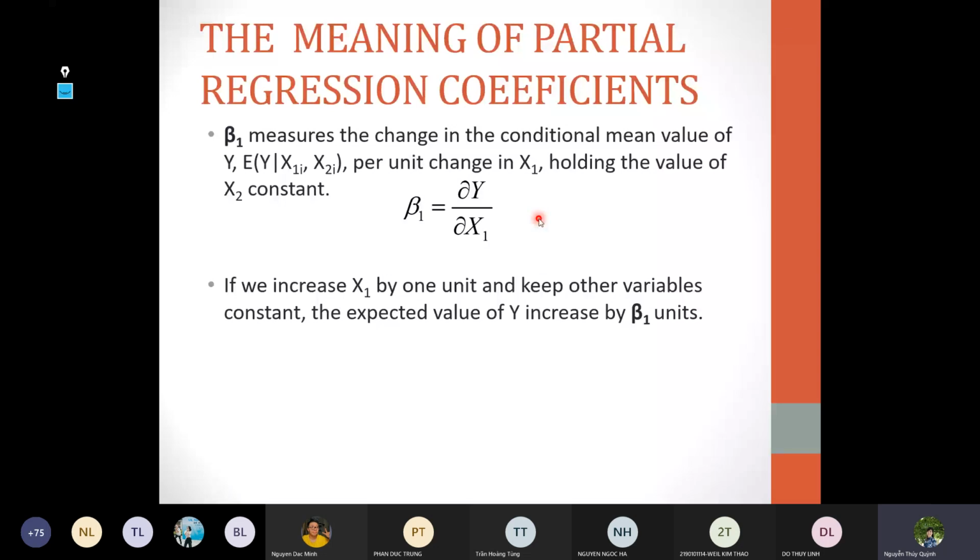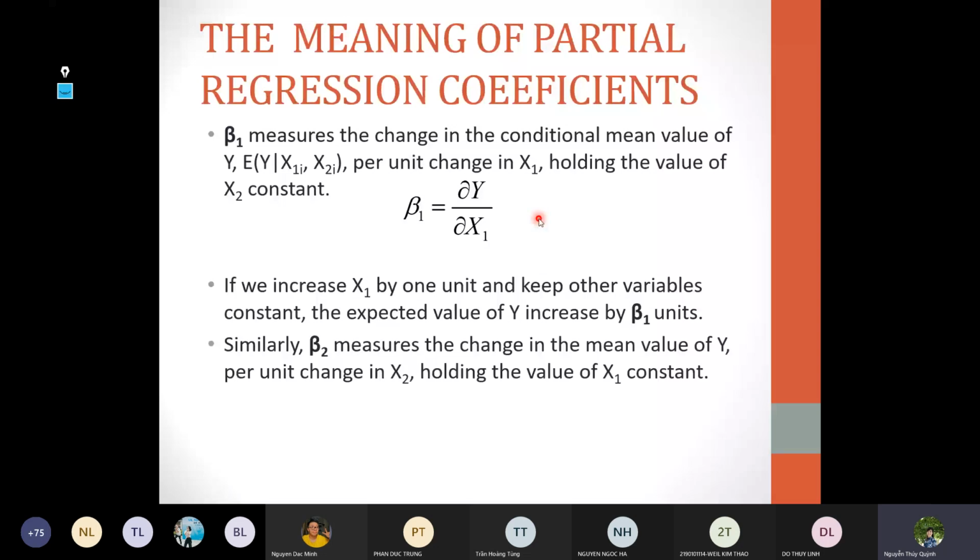That's why we have to tell the difference between the estimated slopes. Each slope shows the effect of its associated independent variable on the dependent variable. Similarly, beta 2 measures the change in the mean value of y per unit change in x2 while holding x1 constant. Beta 2 is the first derivative of y with regard to x2.